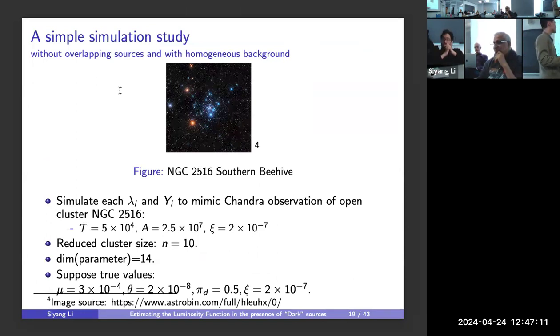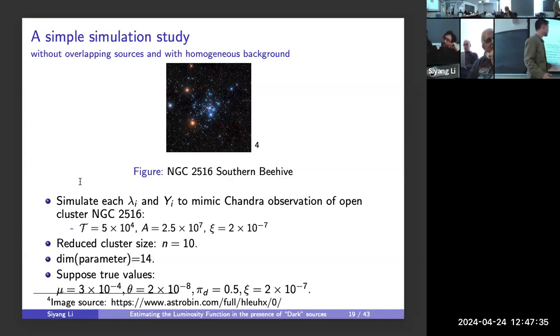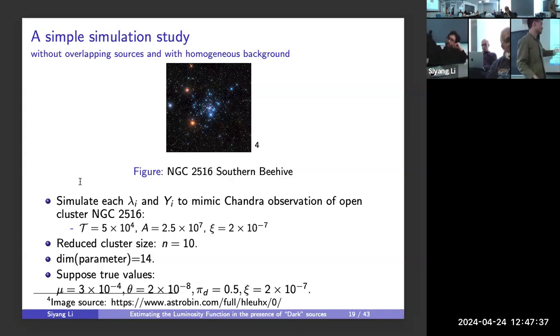So we simulate some data according to the characteristics of NGC 2516, the Southern Beehive cluster, such that the exposure time, the area of the background, and the background contamination rate are set according to one observation of this cluster.